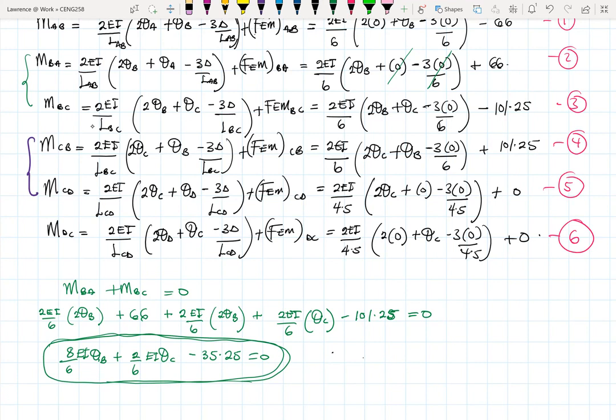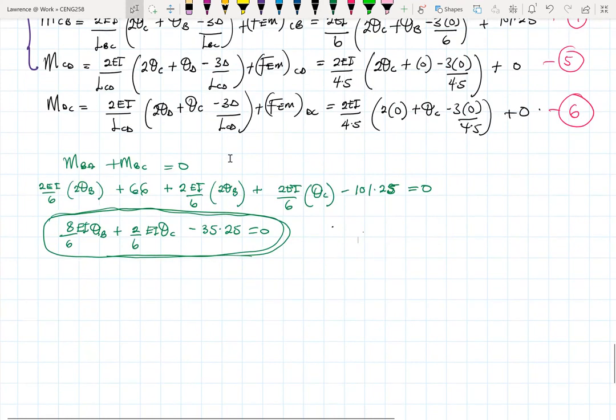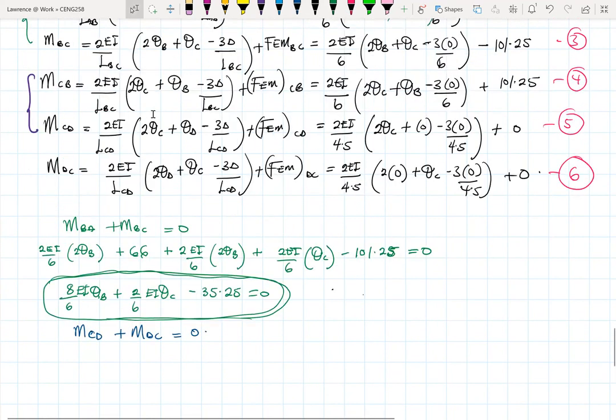And then the next step is to sum MCB and MCD. Sorry, I've made a mistake. Let me just correct it. MCD, MC, equations 4 and 5. All right.